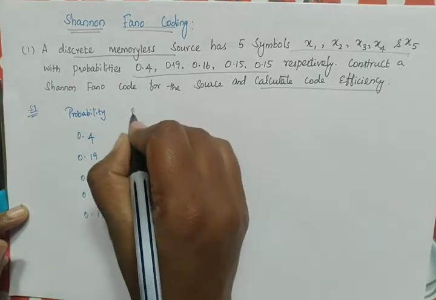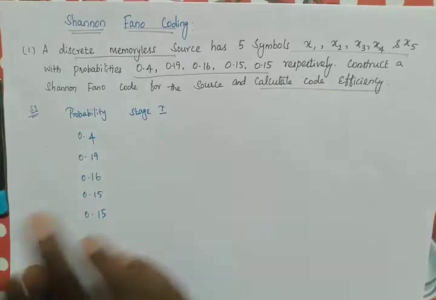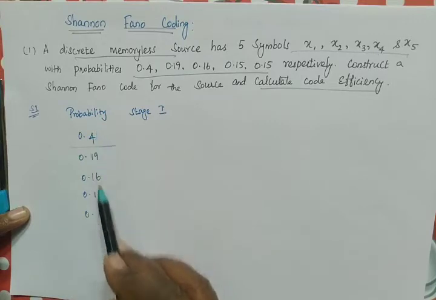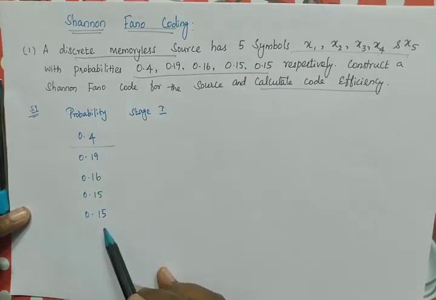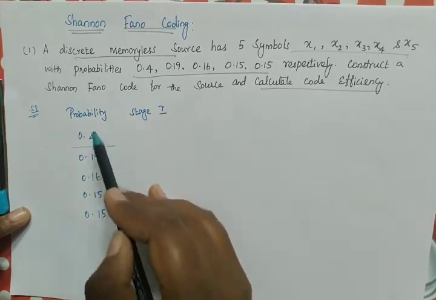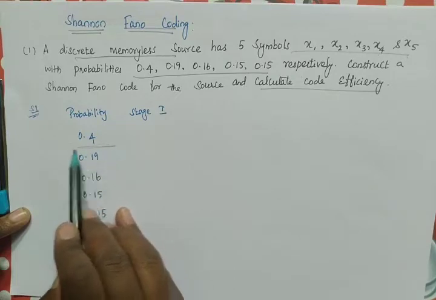Next, in the first stage, we have to split this probability into 2 groups, where the first group, if you add it, should be greater than the other, or else we can split like this.